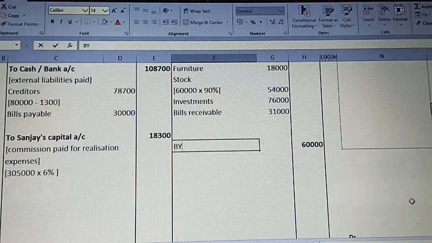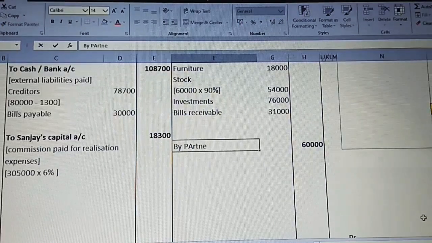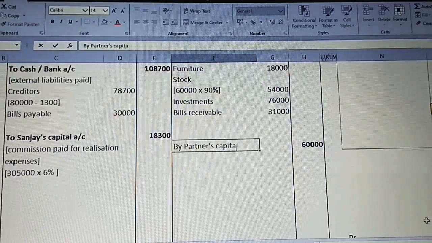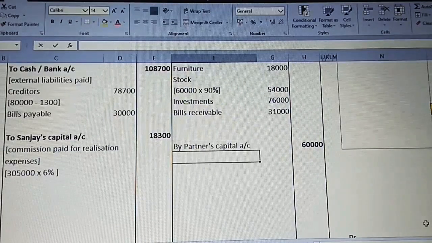So by partners capital account, what is transferred? Loss.